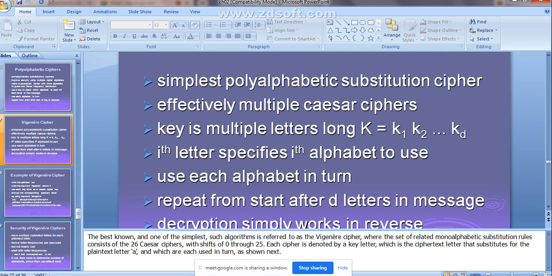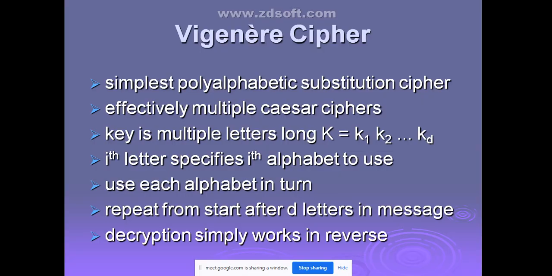Correct? In the same manner, here in the polyalphabetic, what will happen? This is one of the best known simple techniques for the polyalphabetic cipher, the Vigenere cipher. It is effectively using multiple Caesar ciphers. That means it is just a combination of multiple Caesar ciphers.